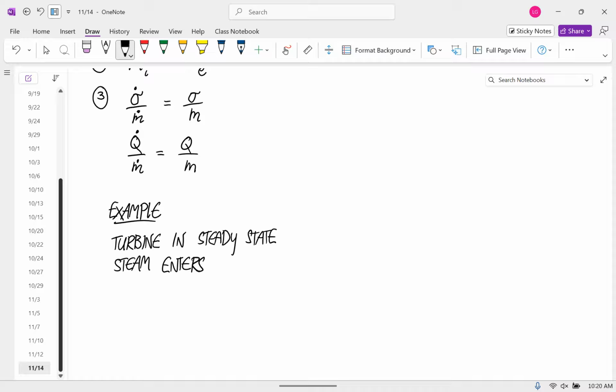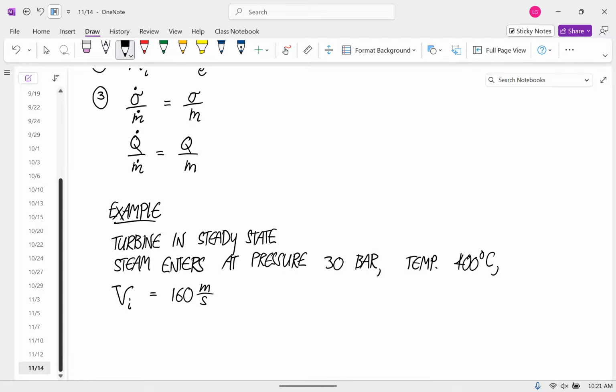And it enters at a pressure of 30 bar and a temperature of 400 degrees Celsius, and a speed coming in of 160 meters per second.